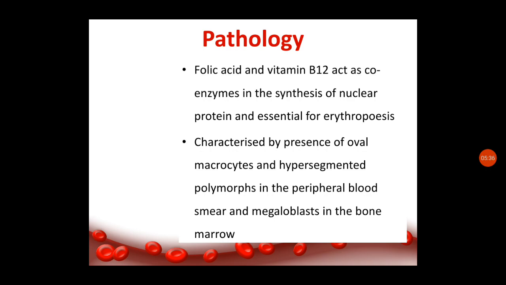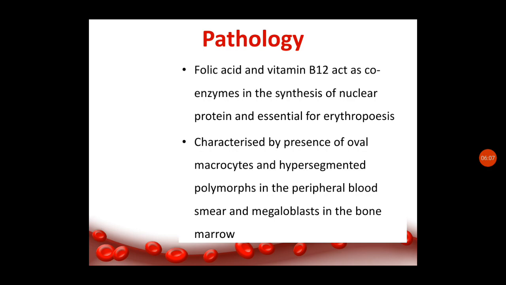Folic acid and vitamin B12 act as coenzymes in the synthesis of nuclear protein and are essential for erythropoiesis. We know that cell division happens, and in that the DNA and RNA changes are happening, with new synthesis. This synthesis of RNA and DNA is helped by two coenzymes, folic acid and vitamin B12.